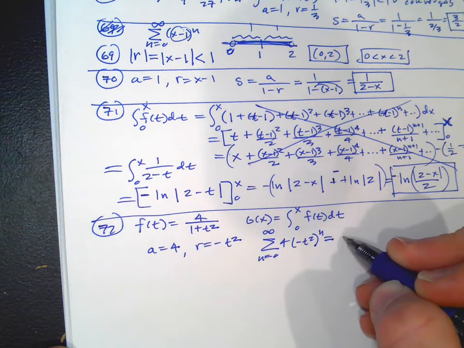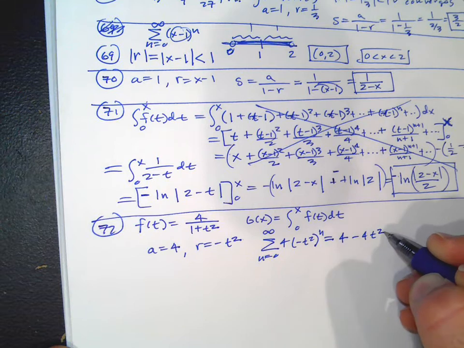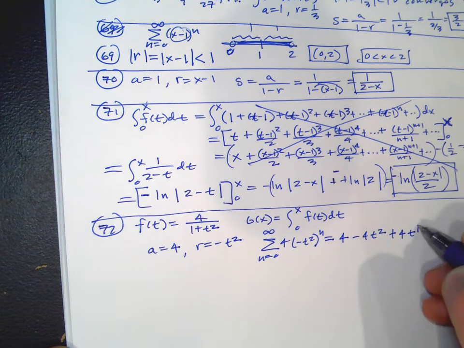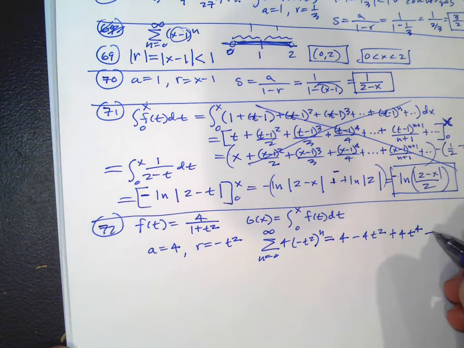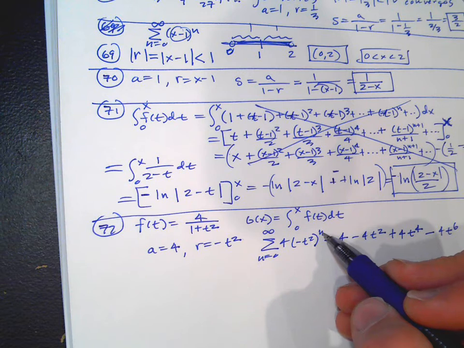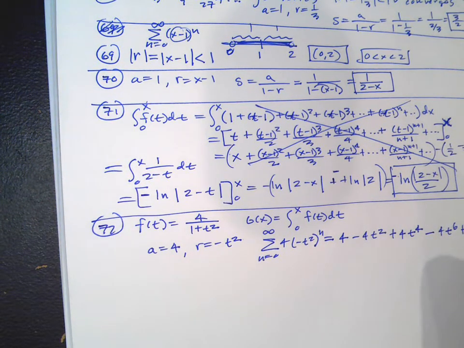The open form, you have a 4 and then minus 4t squared and then plus 4t to the fourth minus 4t to the sixth. Because remember, you have a squared here and then you're raising it to the 0 power, the 1 power, the 2 power. Plus dot, dot, dot, plus 4 times negative t squared to the n, plus dot, dot, dot.